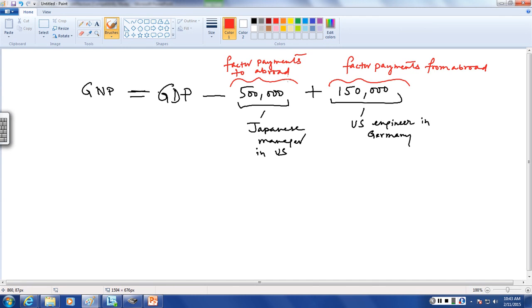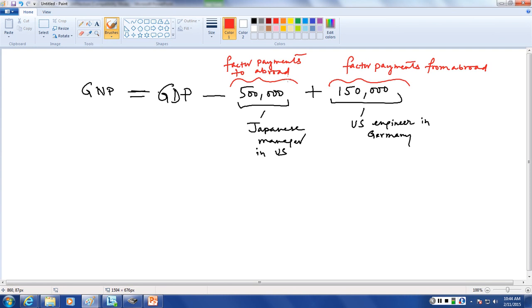Now, this money may not, strictly speaking, be leaving the States. The Japanese manager lives here, doesn't he? He pays his mortgage here and does his shopping here. So you don't have to think of this money as actually physically leaving the States. That's not how you think of it. But you think of it as money earned by a foreign resource that is working here in the States. It's called factor payments going abroad or to abroad. Right?